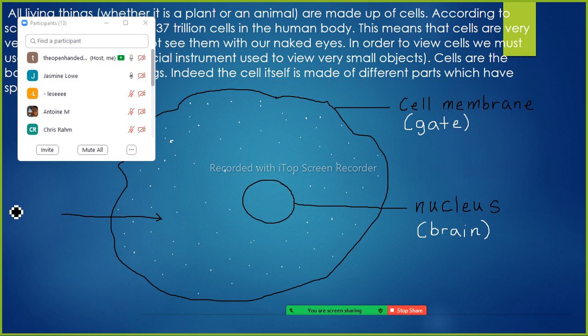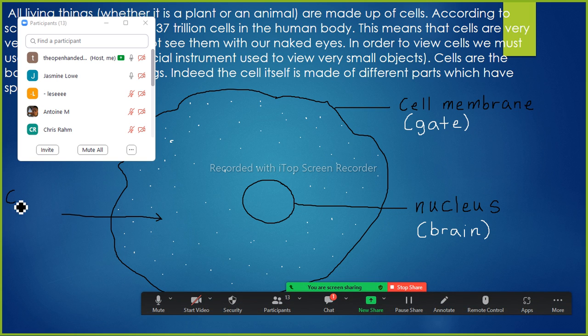Yes, it's the cytoplasm. So the cytoplasm is a jelly-like material in which all the cell parts are embedded. It's basically like the bed of a cell.